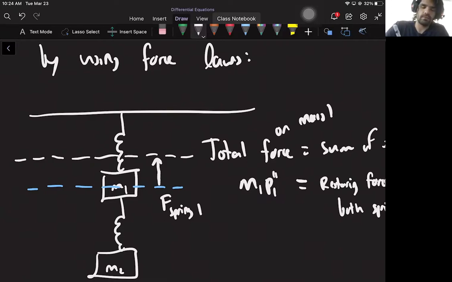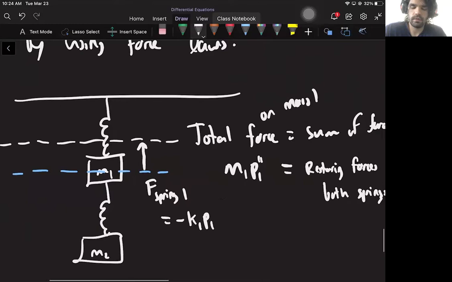And that force is equal to the negative of the spring constant times the position, because it's proportional to the position. So that is always pushing in the opposite direction of motion. So that's why there's a negative there.